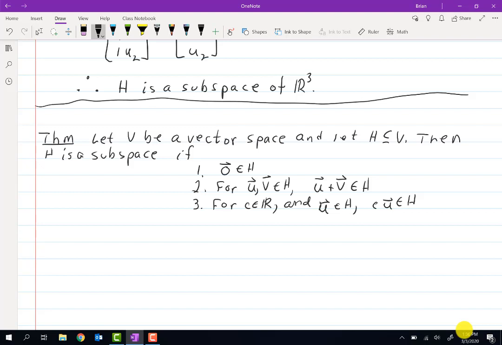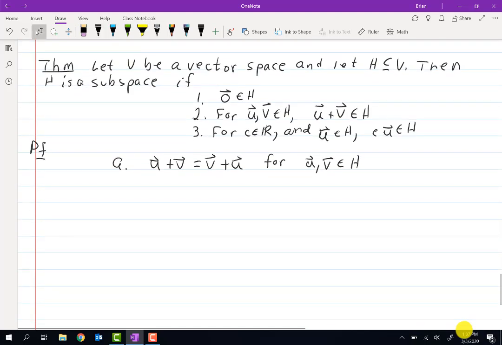All right, I have chosen to prove this thing. So let's do a proof of this theorem. And let's check some of the things that have to be true. So we need to prove these following items. I don't want to number them, although maybe I should. We want to show that U plus V equals V plus U for U and V in H. So I want to show it satisfies the commutativity property.